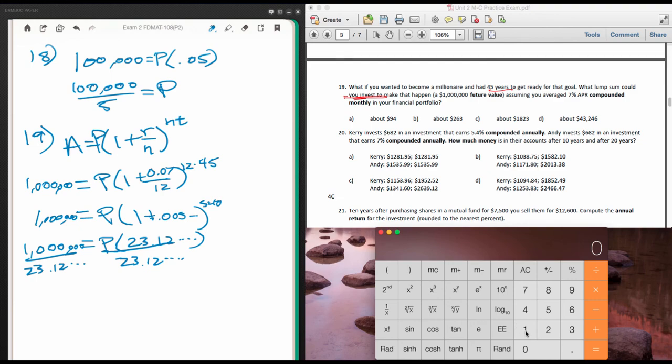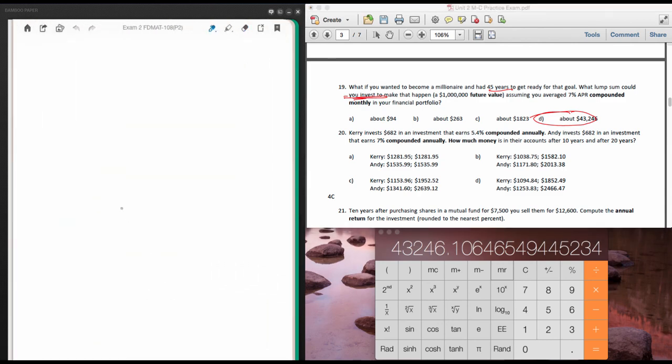Okay. Now I'm going to do 1 million divided by the memory recall, which was that 23.12. The reason I do that is so I can keep all of my accuracy as much as possible. And so 43,246 and 11 cents, roughly. Okay, so they're rounded to the nearest dollar, and D happens to be the correct answer.